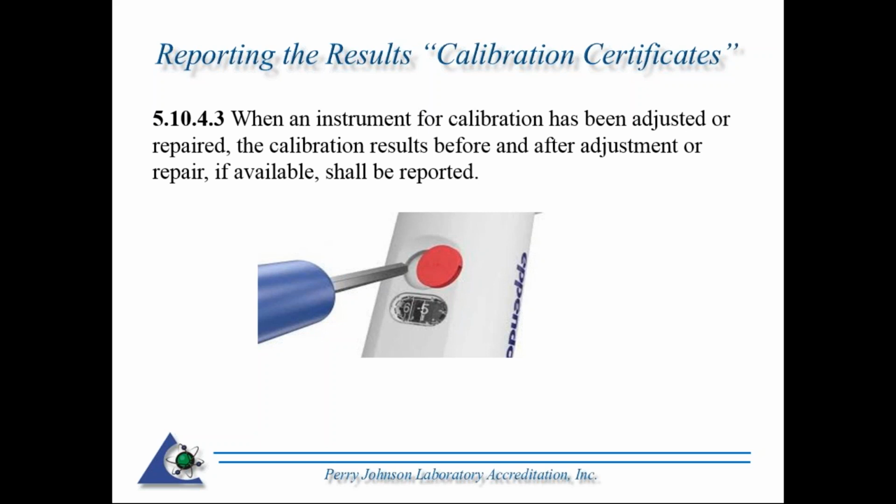Hence, you may have a tolerance on there. The customer needs to know if it was actually within tolerance when they were using it, because if it was not, then of course, if they fall under the realm of accreditation, they have to follow their non-conforming testing or calibration procedure. Hence, the as found is as it comes in, and then perhaps the equipment was adjusted afterwards.